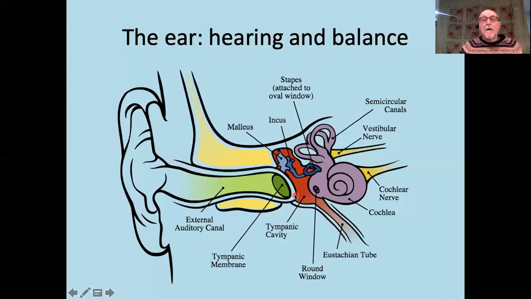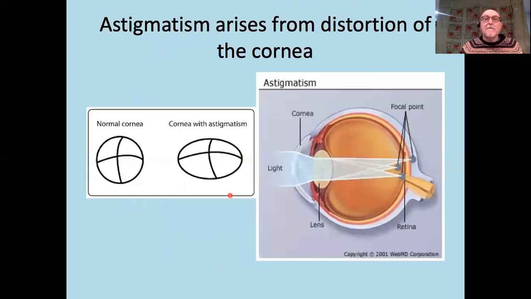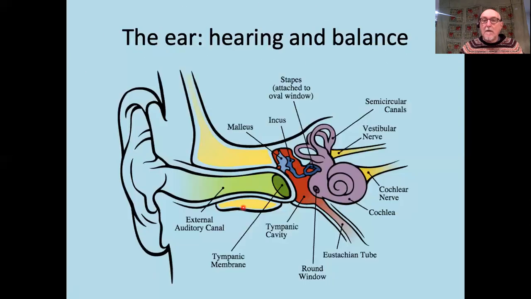Okay, so let me just, I think it comes a bit later, what's happening. All right, so here's the stirrup, and the stirrup is attached here to this whole elaborate structure, the inner ear.